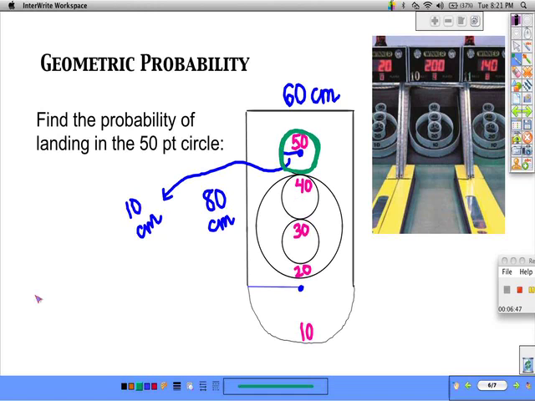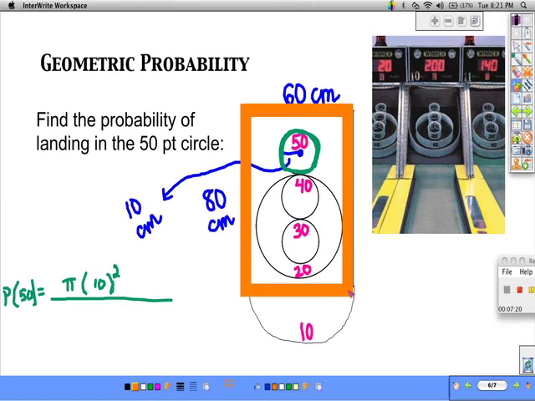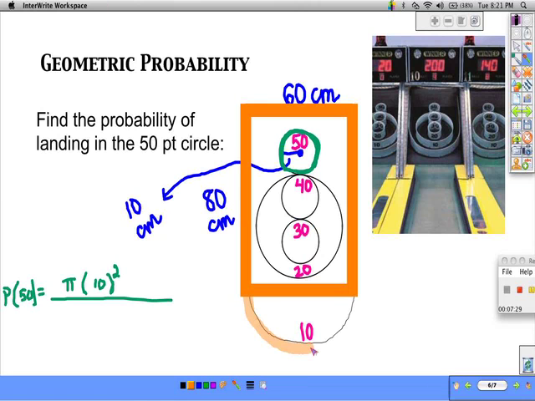So what we do here, a success, the ways we can get a 50, well, that's going to be inside this circle, or an area of pi times radius squared, pi times 10 squared. And then the total possible area that we could land in is made up of two separate figures, a box and a semicircle.